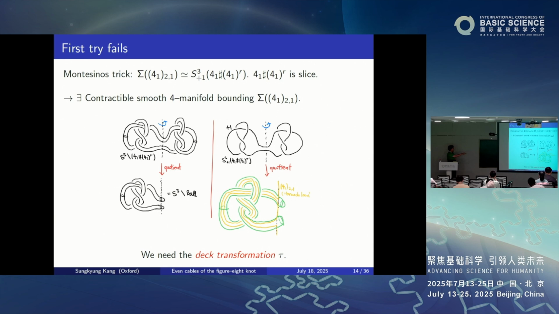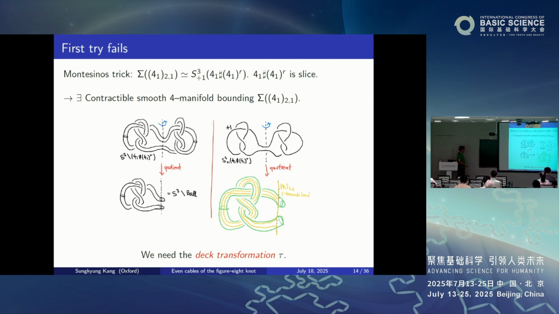And therefore this knot is slice, so you can do a Dehn twist, +1 surgery along your disk, which gives you a contractible smooth manifold bounding this manifold, this surgery, which is diffeomorphic to your branched double cover. So it fails. And so we have failed, so we have to learn something from our failure.